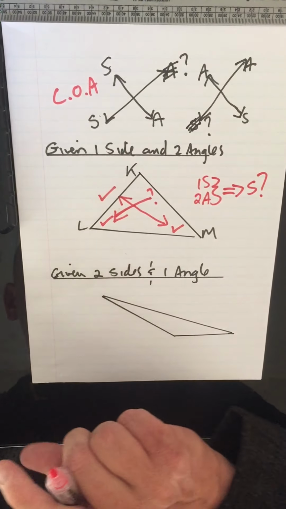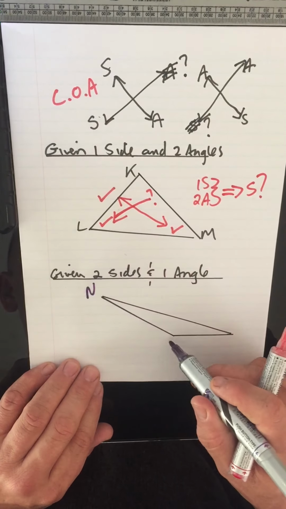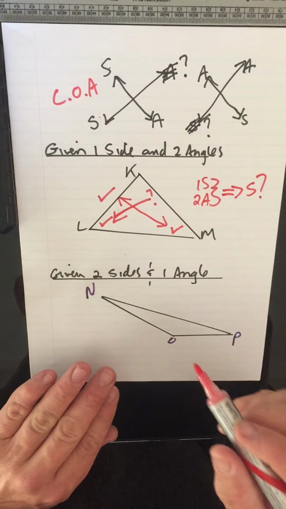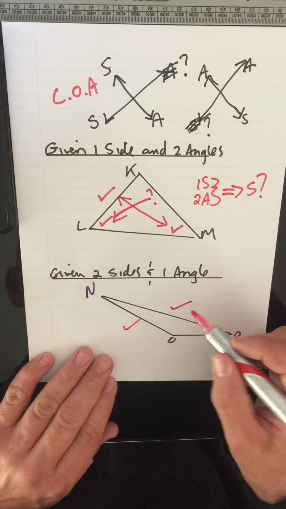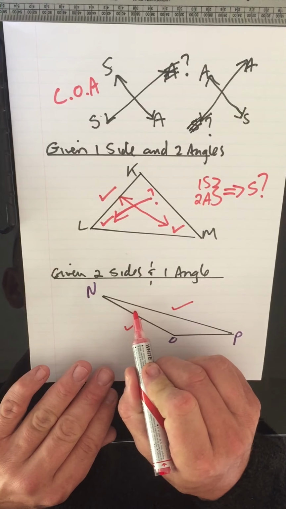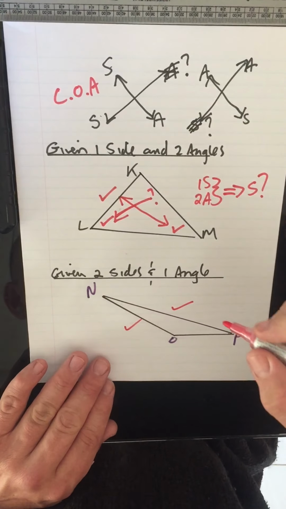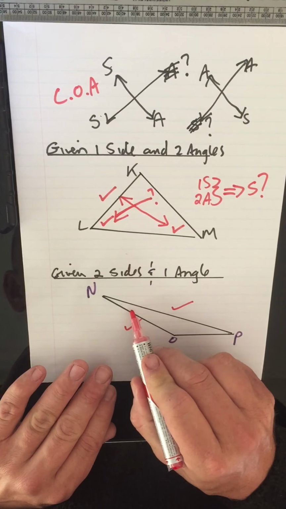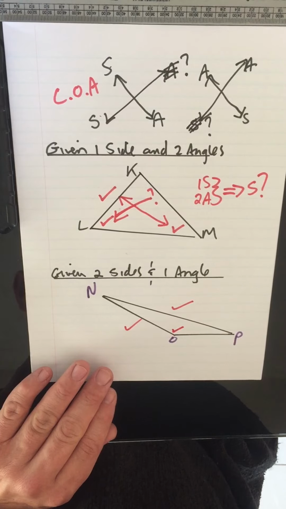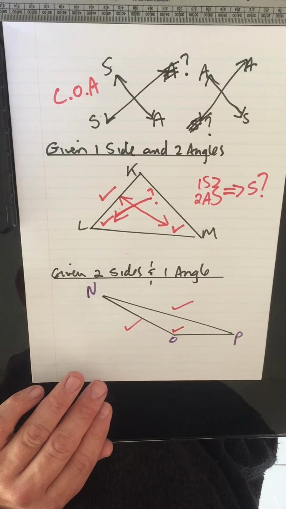Let's call this triangle NOP. Given two sides, so let's put any two sides here, and one angle. Remember, we cannot put the included angle, or the squishy angle, so I cannot put it on that side. I can't put the angle over here, so let's put it over there. So let's have a look.